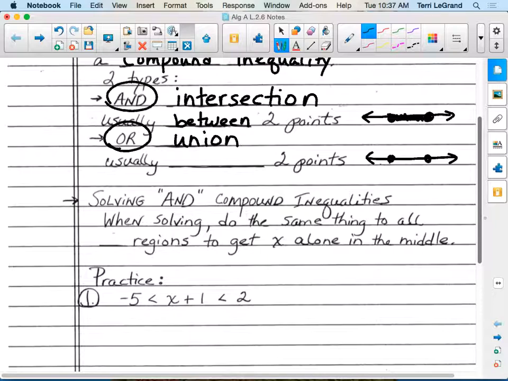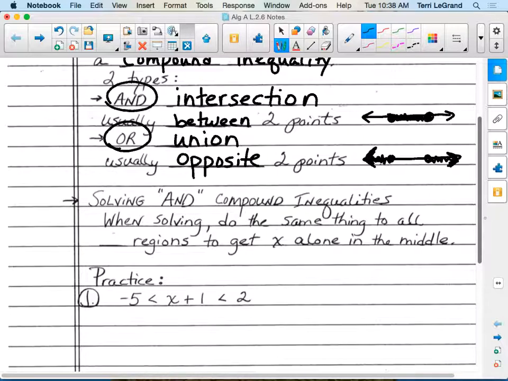It's usually outside the two points, going away from them. So the shaded region usually goes opposite the two points, instead of between the two points.